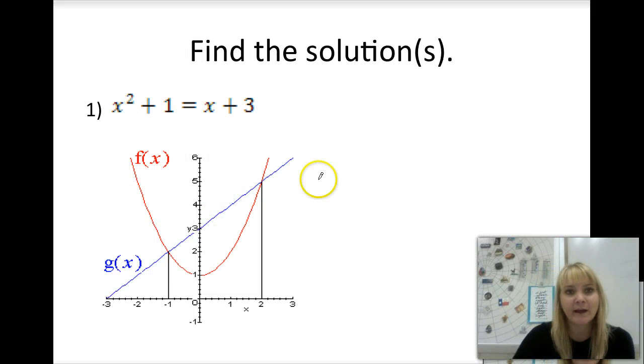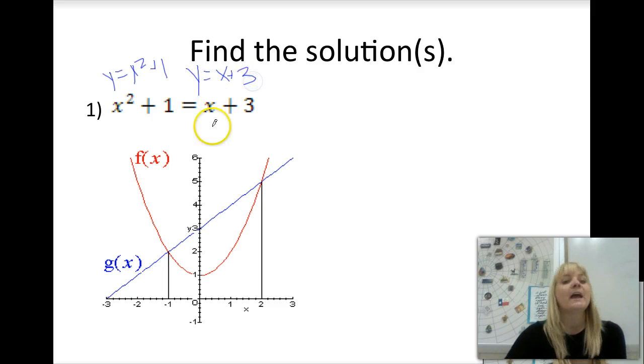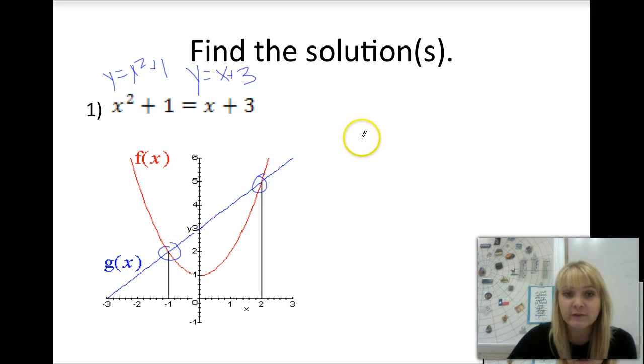So the first problem we have is find the solutions of x squared plus 1 equals x plus 3. Now, these are already graphed for us. So first, we would graph y equals x squared plus 1, and then graph y equals x plus 3. And here we're going to have 2 solutions. Since we have 2 intersection points, our solutions are the x values of those ordered pairs.